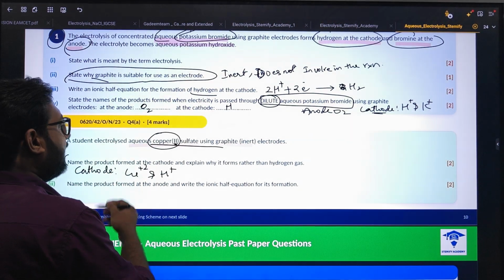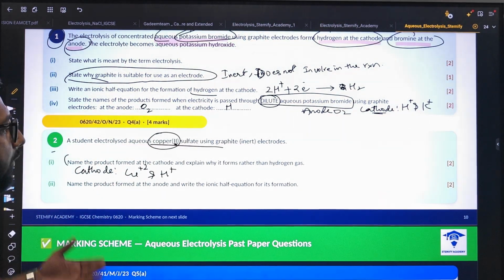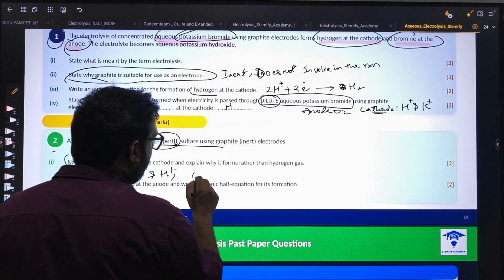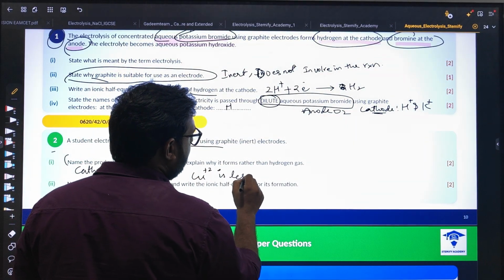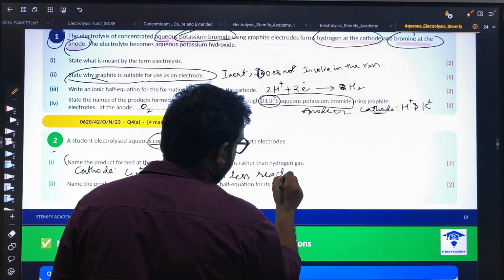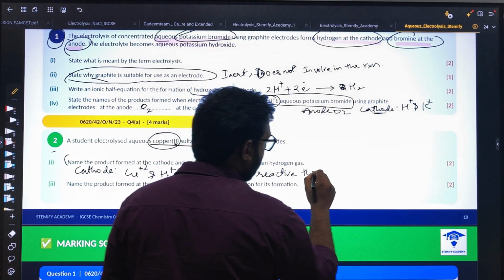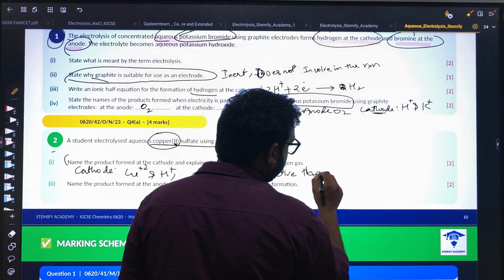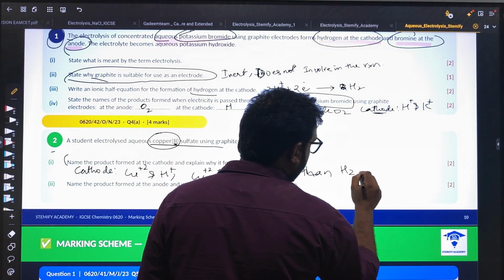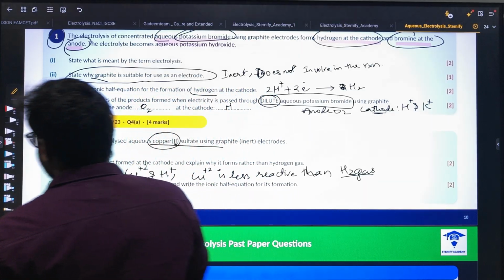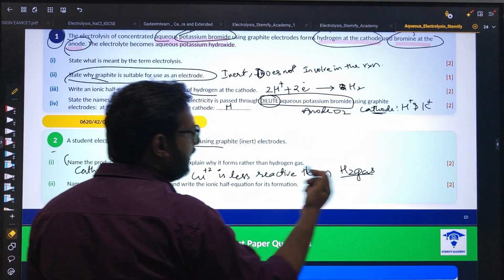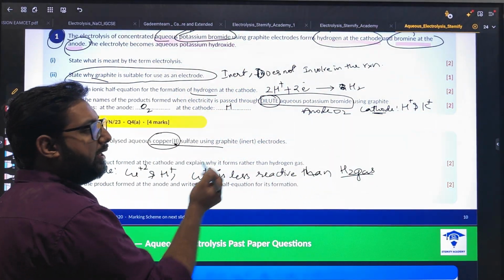So copper gets deposited at the cathode. Why? Because copper is less reactive than hydrogen. You can write hydrogen gas or H2.